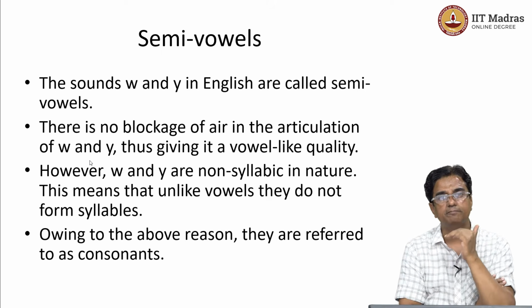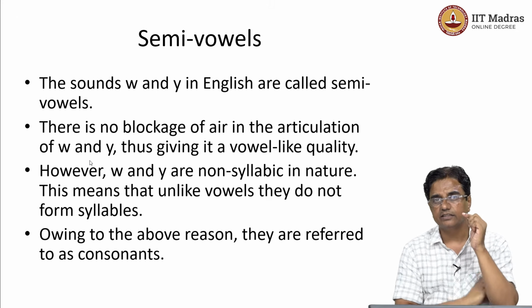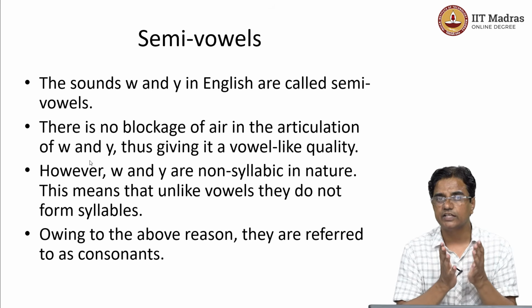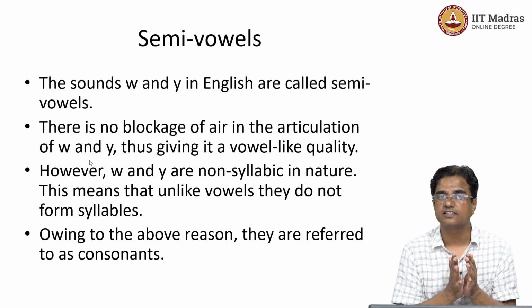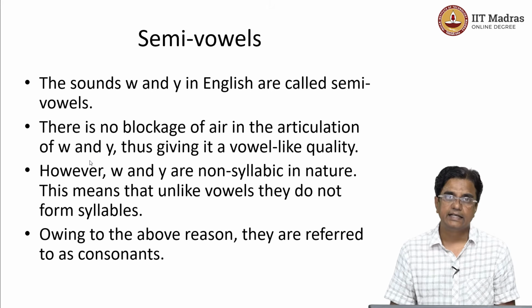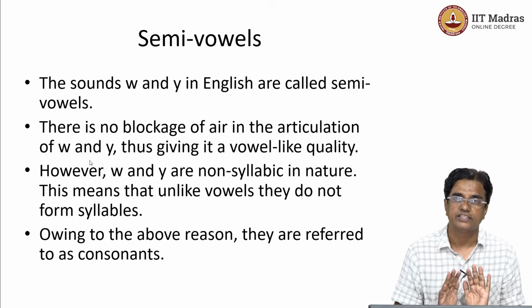And at different places in our oral cavity, in the entire vocal tract, the flow is stopped and modified in various ways, which give us different consonant sounds. This obstruction is important for consonant sounds.